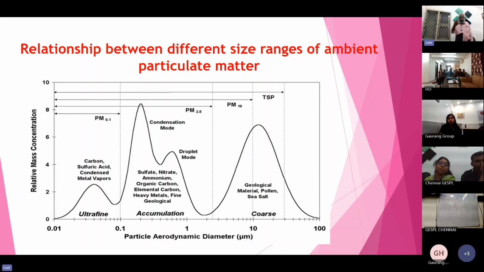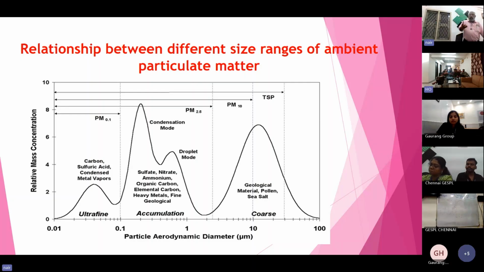These are the particles that may go into the nostrils and respiratory tract of humans. See, in our body, how does the particulate matter go through the nostrils? The nostrils have two openings. These nostrils have a mucus layer, and in the mucus layer we have hairs, and because of this mucus layer and these hairs, the particles of PM10 size will be caught there.